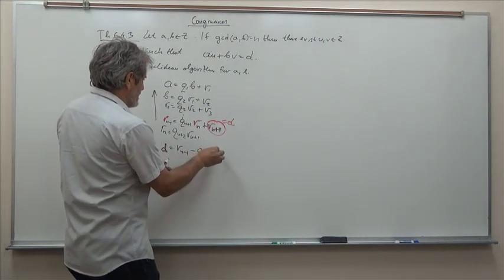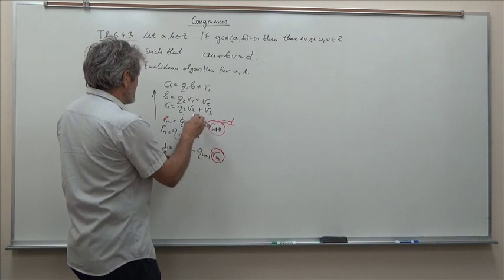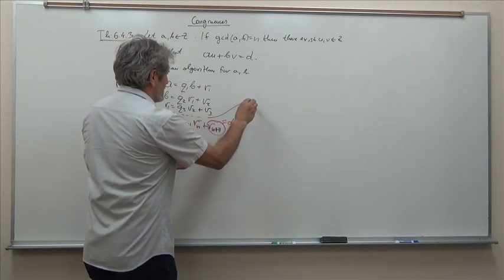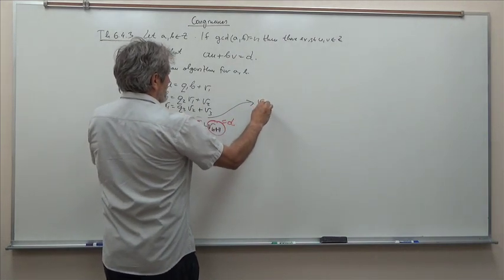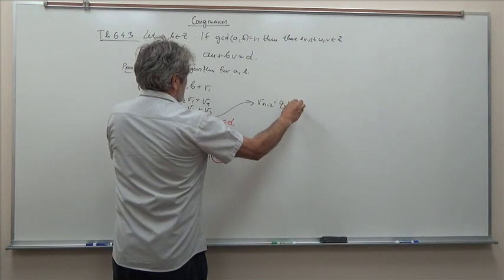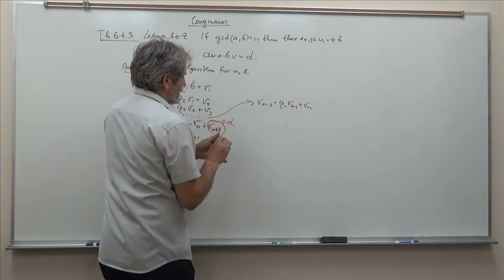Then from the previous line that's missing here, I trade the one with a higher index. This is Rn. So Rn could be traded from the previous line. Let me write it there. What would be the previous line? Rn-2 equals Qn Rn-1 plus Rn.